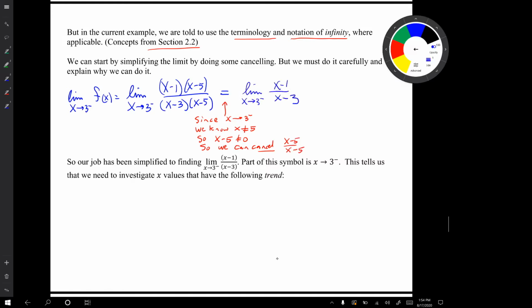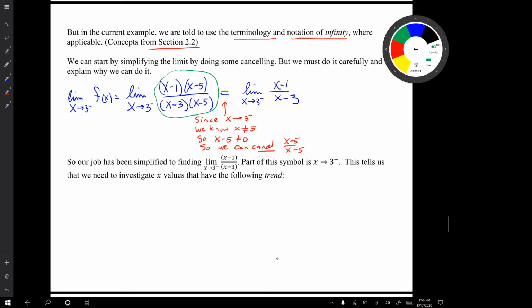So if we start taking the limit, we are taking the limit of this expression, and in that expression there is an x minus 5 over x minus 5. Now we know something about that factor. We know that x is getting closer and closer to 3, so that tells us that x is not equal to 5.